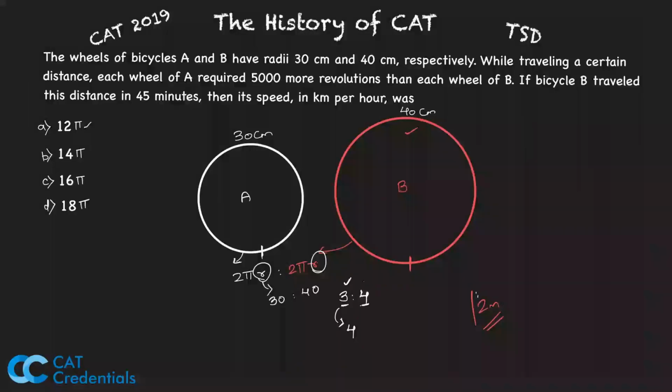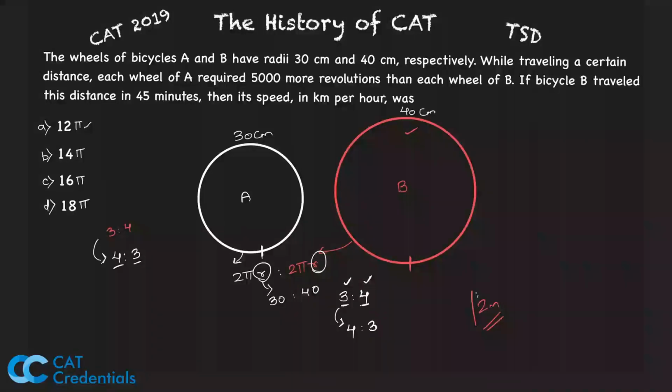And this wheel will take 3 revolutions, because in every revolution it covers 4 meter. So what is the ratio of their revolutions? 4:3. So if the ratio of the radii is 3:4, then the ratio of the revolutions taken by them is 4:3.